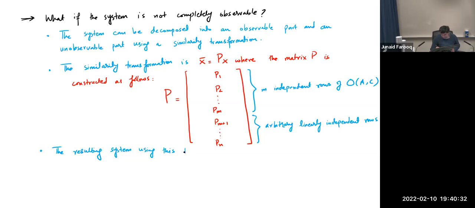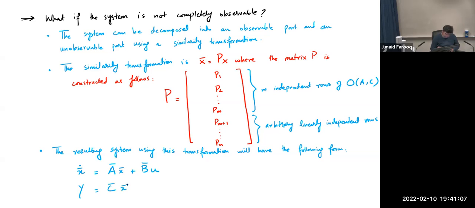It will have the following form: x bar dot equals A bar x bar plus B bar u, and y equals C bar x bar.